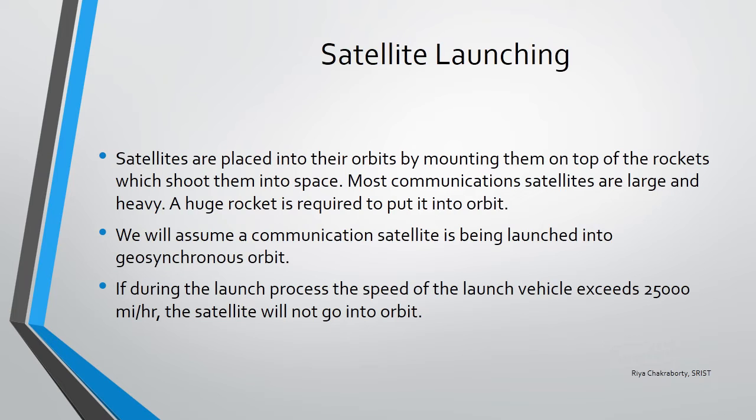So, the satellite is mounted on the top of the rocket and is covered by a fairing. The fairing is usually the top, and its purpose is to protect the satellite during the initial part of flight.